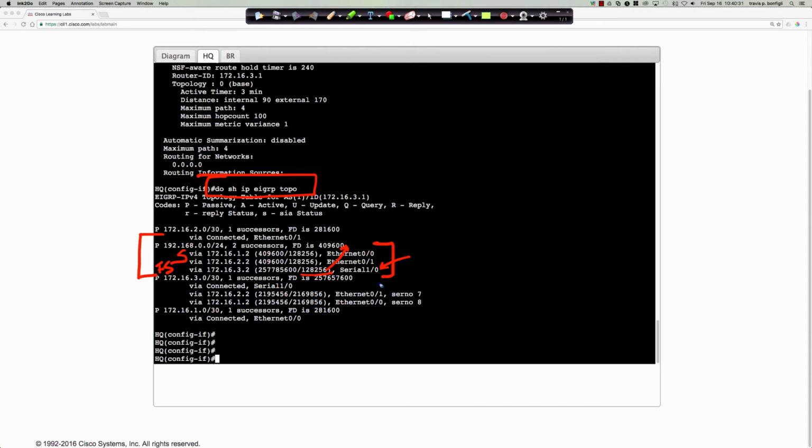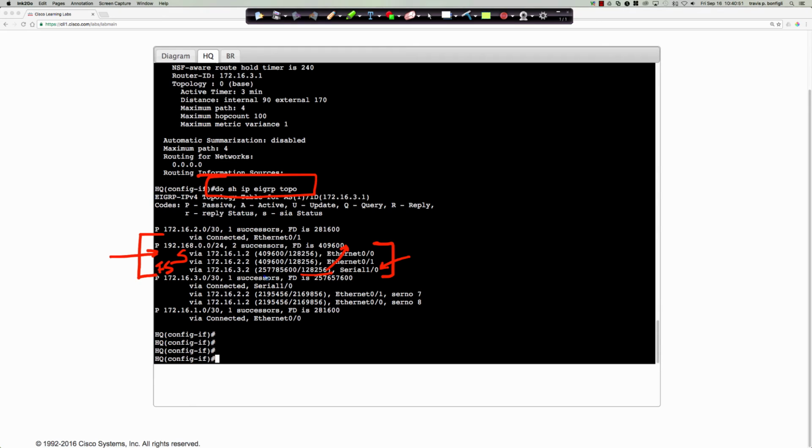Well, I can, and I know that I can, because if I couldn't use it, meaning it wasn't a feasible successor, it wouldn't show up in this output. Because again, show IP EIGRP topology only gives me successors and feasible successors.